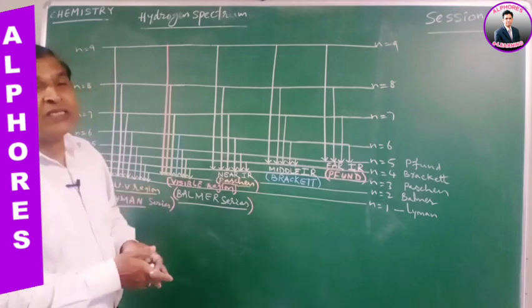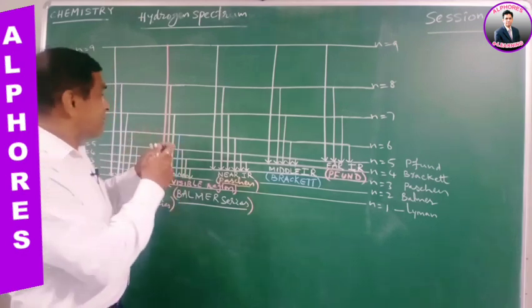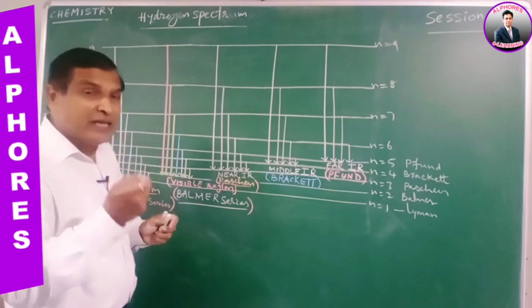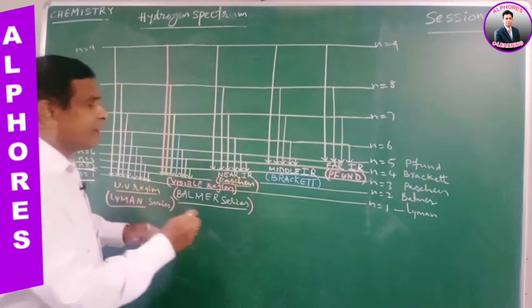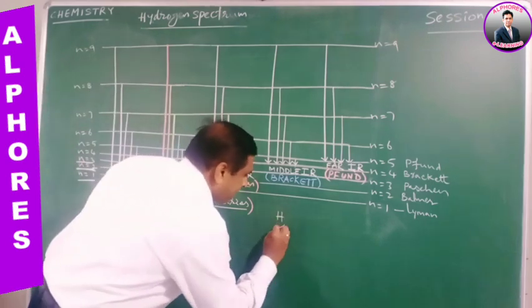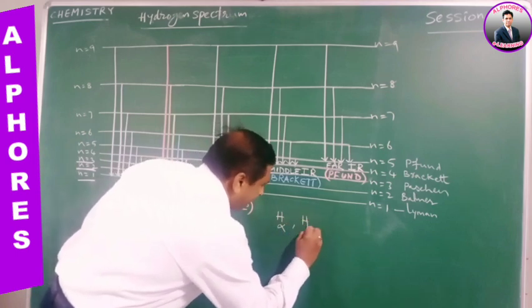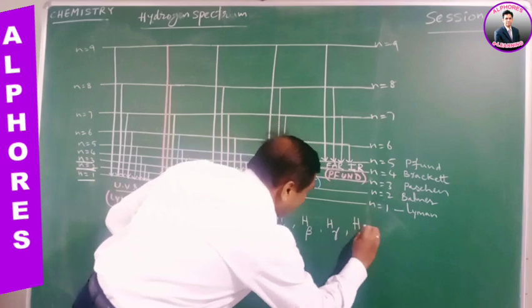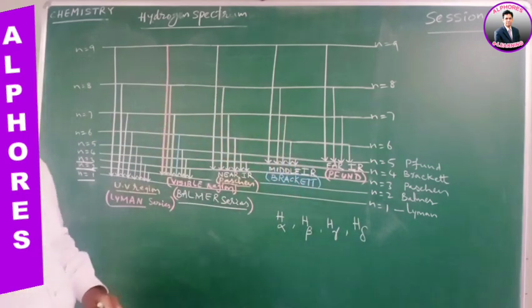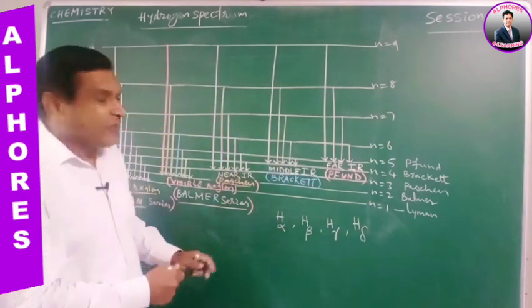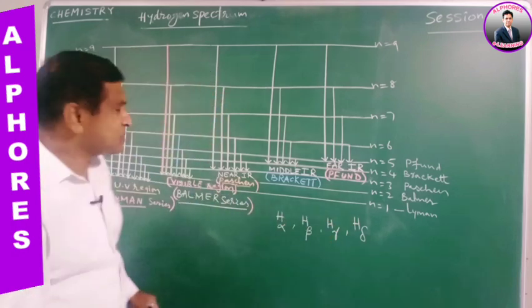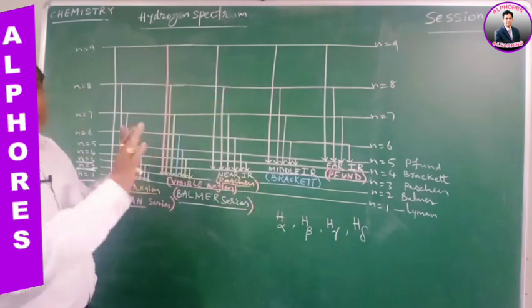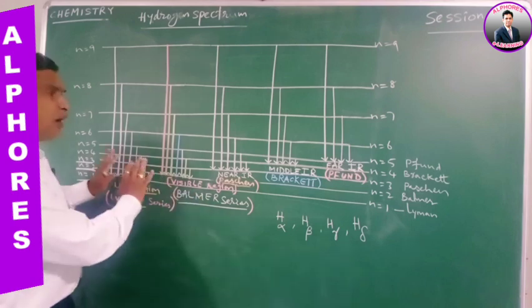We identify these spectral lines by the symbols H alpha, H beta, H gamma and H delta. So the various spectral lines are identified by characteristic symbols, and this concept is applicable to all the series.